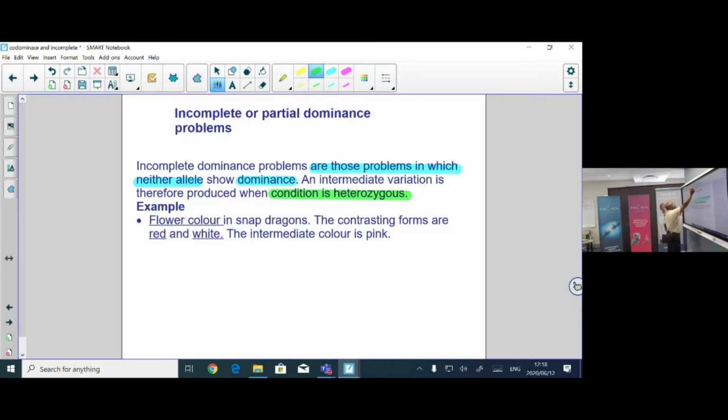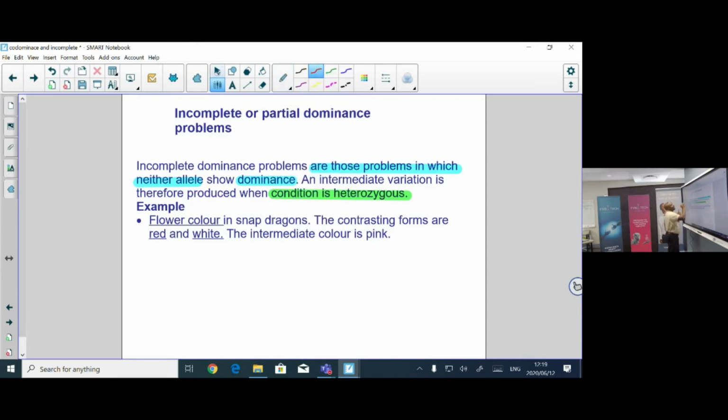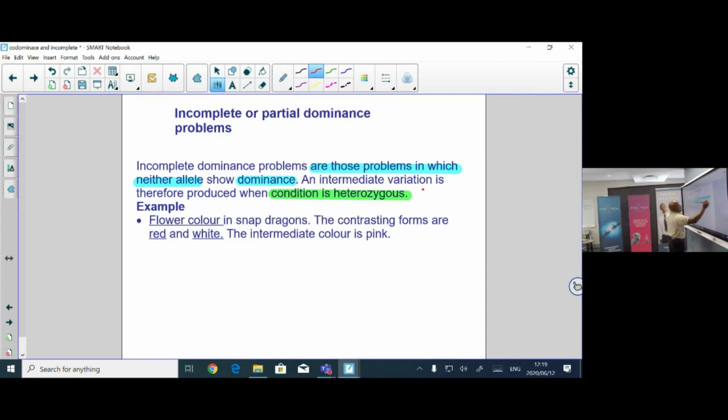to just take you back, if it is a simple dominance or a complete dominance, the heterozygous condition will show the dominant trait. That's using T and t for my letters for the example that I'm giving you. Remember, we said when we're looking at Mendel's work, T being a dominant trait and t being the recessive.